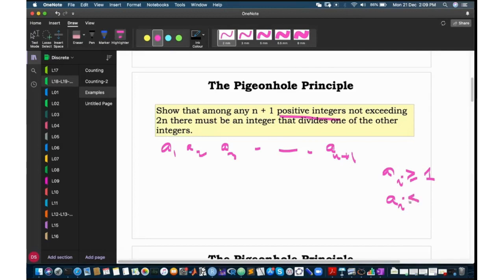The conclusion I want to draw is that there exist some i not equal to j such that ai divides aj. Is there someone who is not comfortable with the statement of the problem?